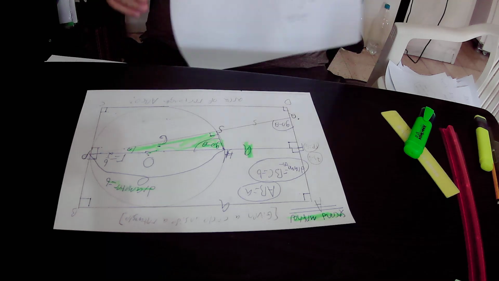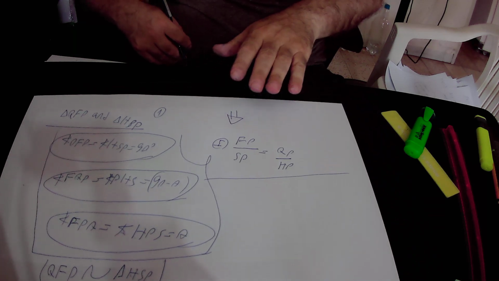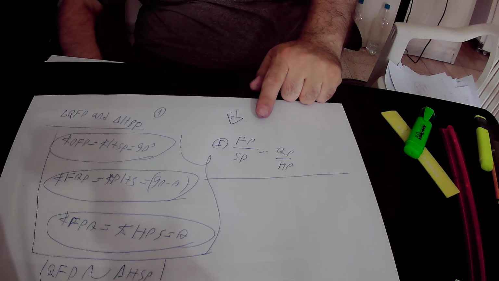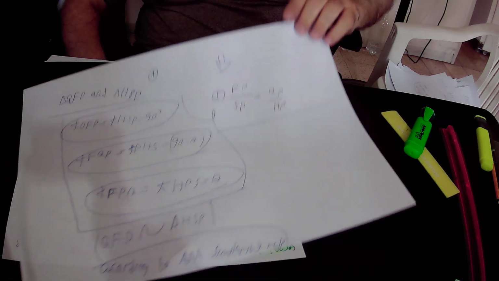Repeat again. Because the small green triangle is similar to the big right triangle, we can conclude that FP over SP equals QP over HP.